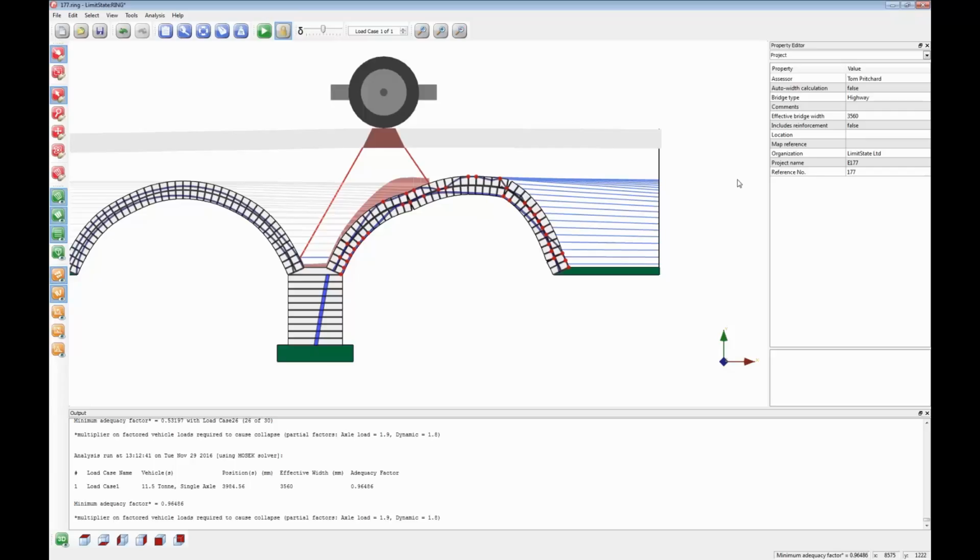What we typically do in masonry arch bridge analysis, we've done it for a long time, is actually scale down the full passive pressures derived from retaining wall theory in order to take account of a few things.